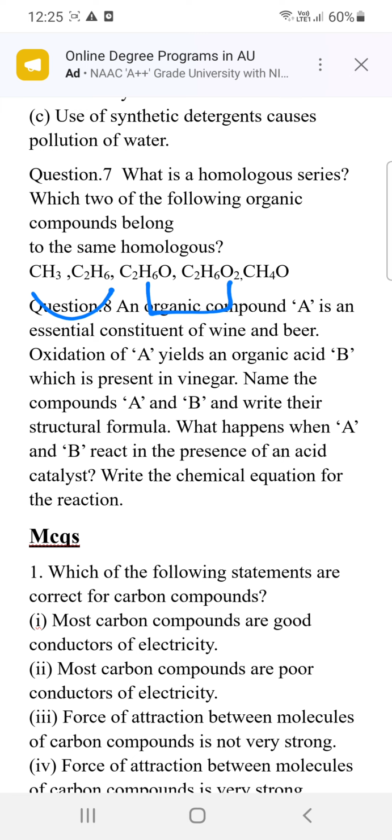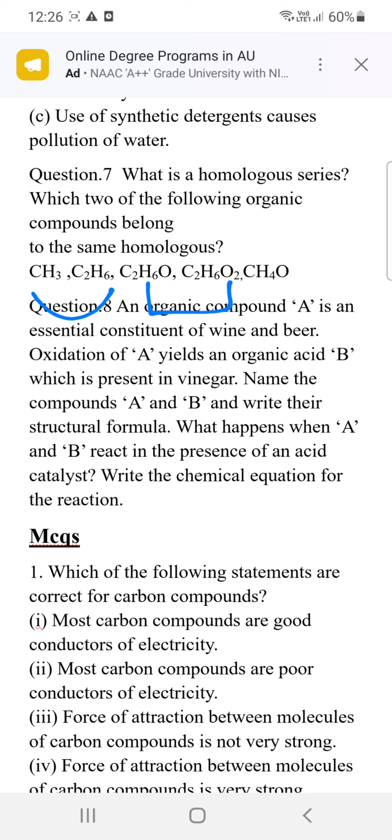If we check this one, a difference of one carbon, no, of course not this one. And if I check these two, you can see a one carbon difference and a two hydrogen difference, and the oxygen is the same. So yes, it is an example of a homologous series. The answer would be C2H6O and CH4O.